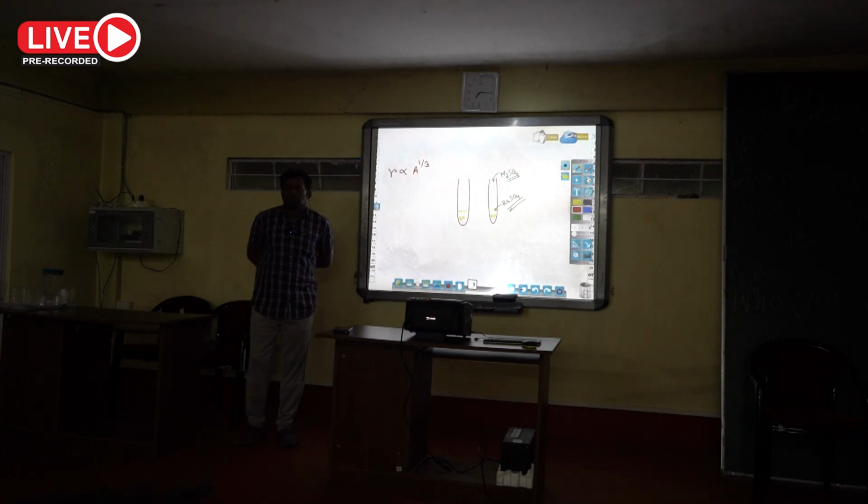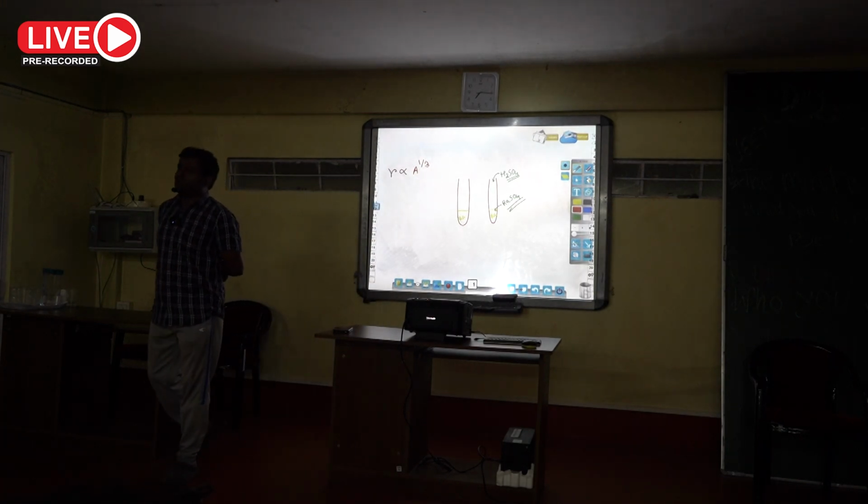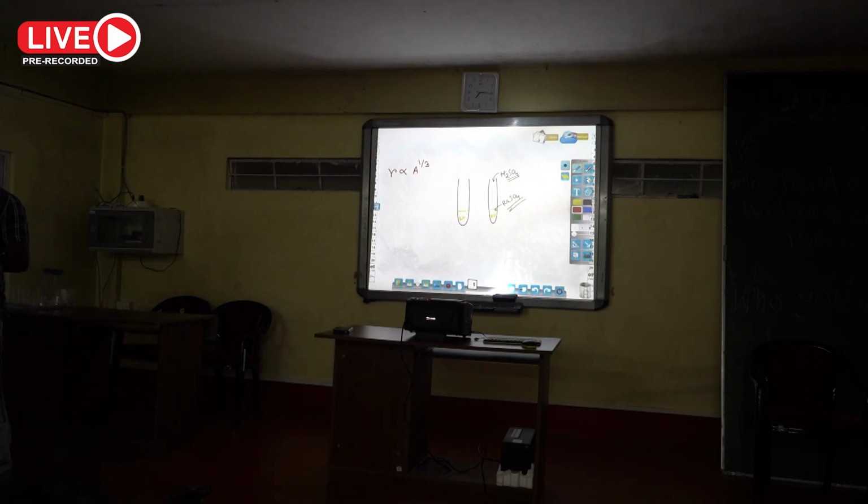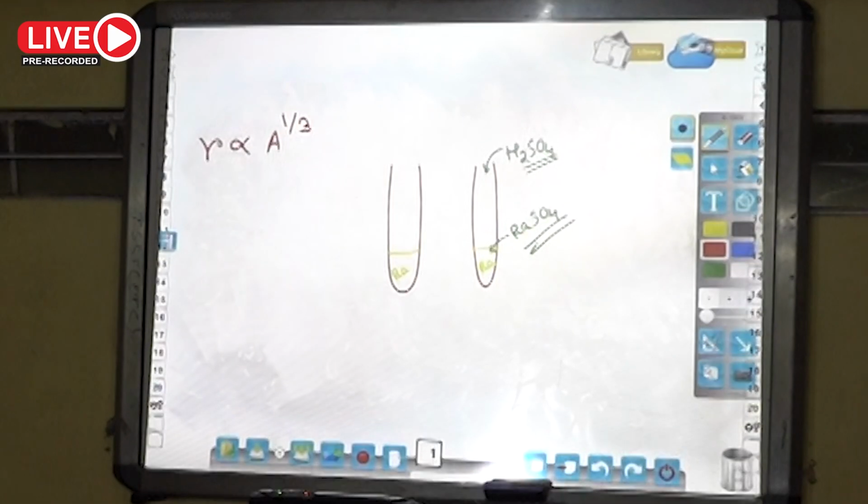This is a general relation, so this general result is written as R proportional to A to the power 1/3. Means the radius of the nucleus is directly proportional to the mass number to the power 1/3. So if the mass number increases, the radius will increase.